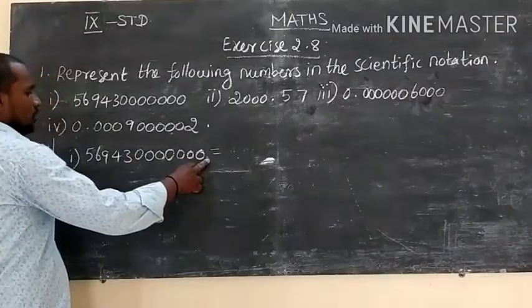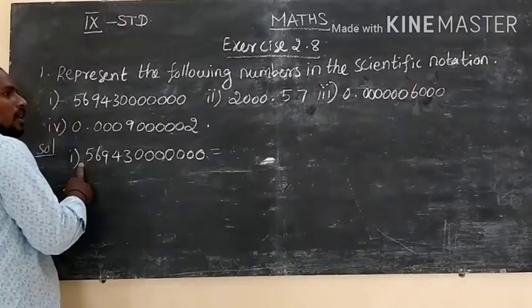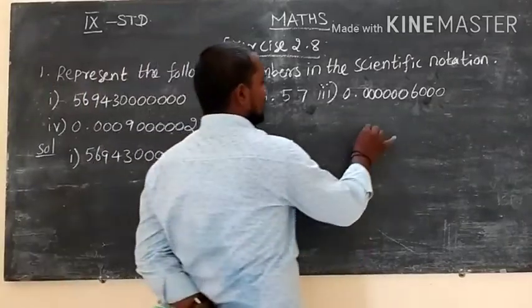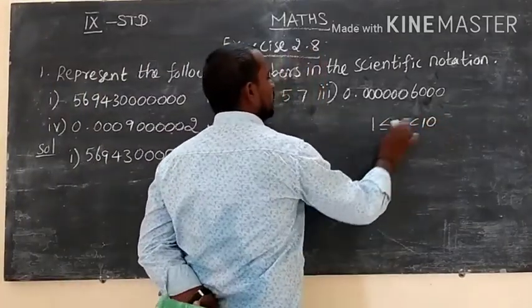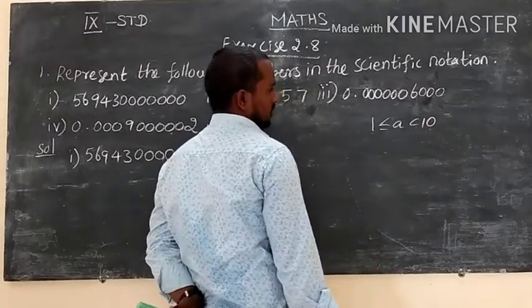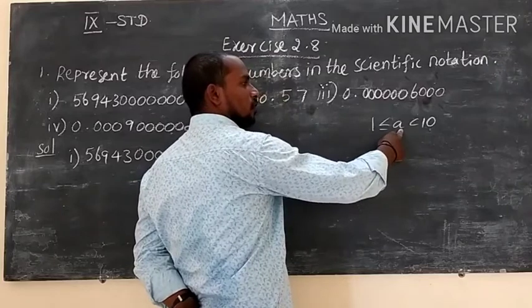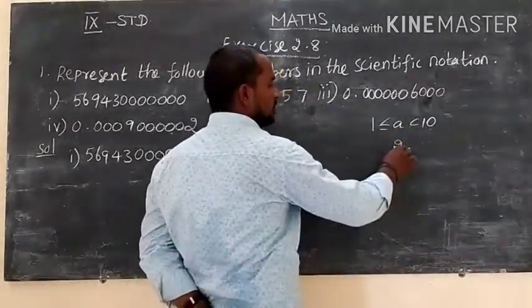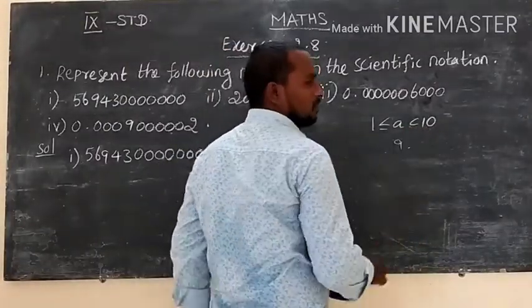The first condition is that the left side has only one non-zero number, and a lies between 1 and 10: 1 is less than or equal to a, less than 10, so 1 also is taken, up to 9.